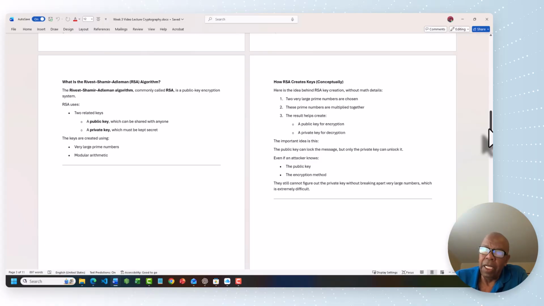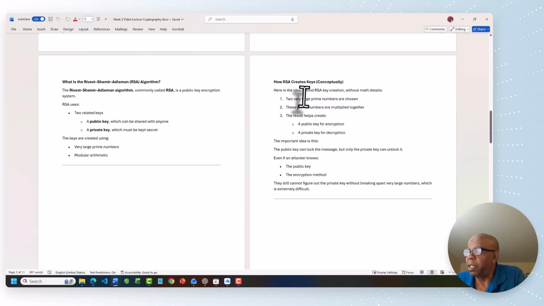The private key is what takes that public key and basically decrypts that information. The keys that we are using are usually very large prime numbers, and it uses modular arithmetic that we talked about previously.